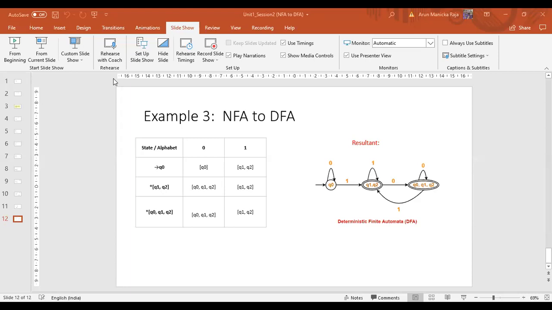Here the initial state is the same for NFA with epsilon and NFA without epsilon. For NFA with epsilon the initial state is Q0, and we can assume the same initial state for NFA without epsilon. Again the same process: find the transition of Q0 on input 0, 1.